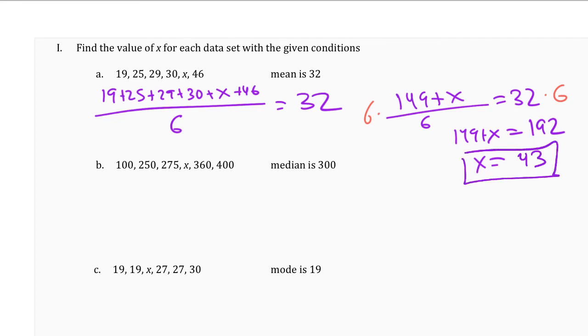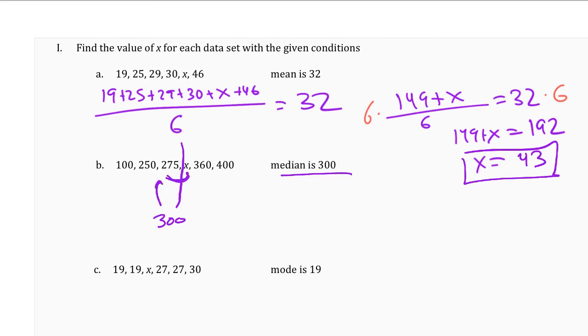Problem B, I want to find x so the median is 300. And so I noticed that my median, there's 6 data points, so the median should fall somewhere between 275 and x. Well, I'm told it's 300, so I need x to be the number that makes the median 300. Well, I like to think about it, these two numbers we kind of average together to get 300.